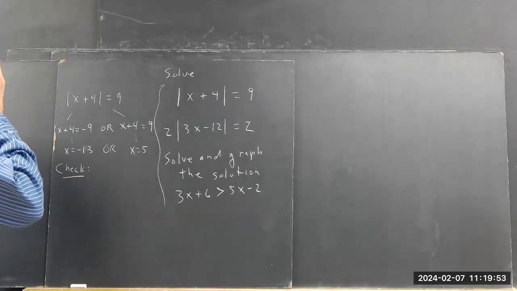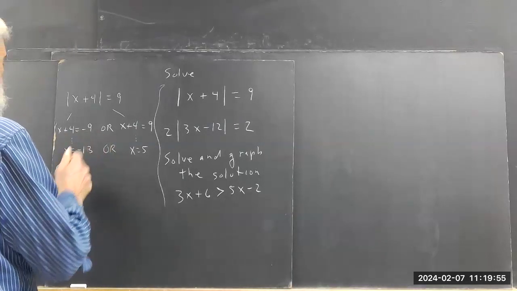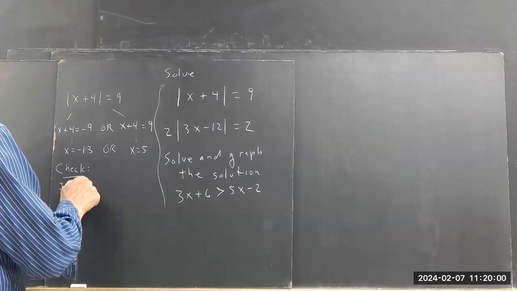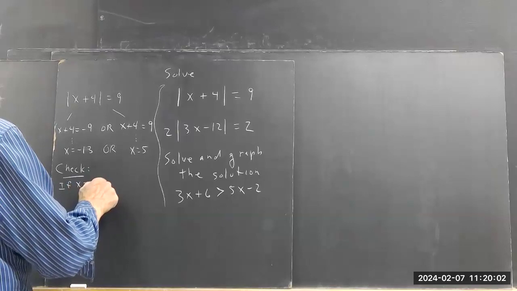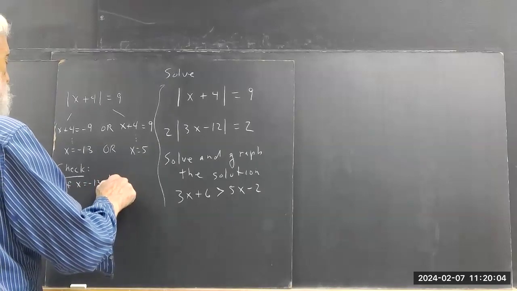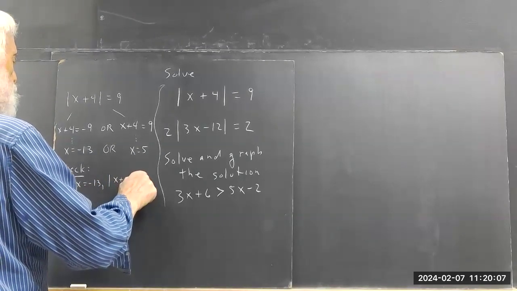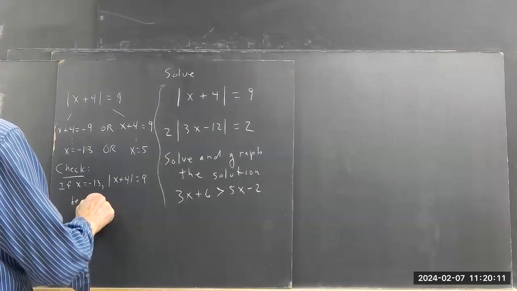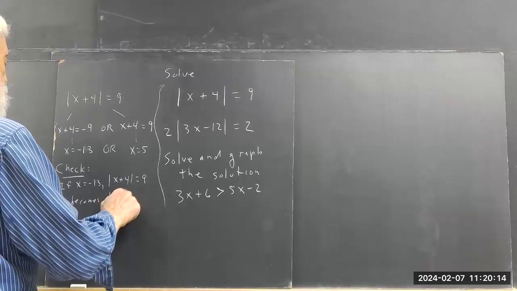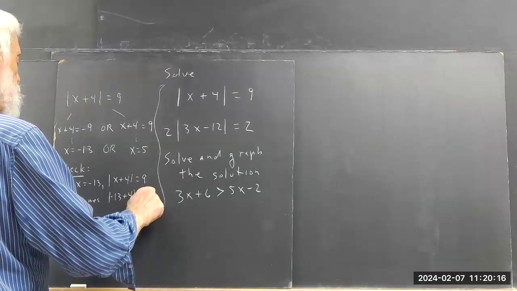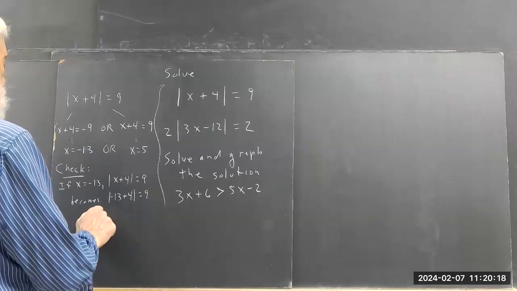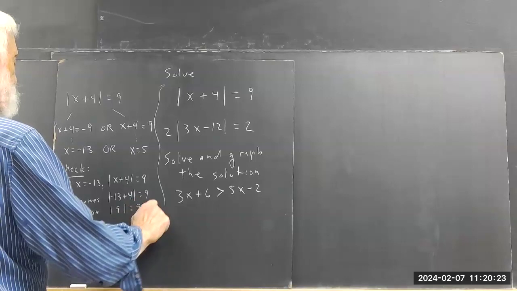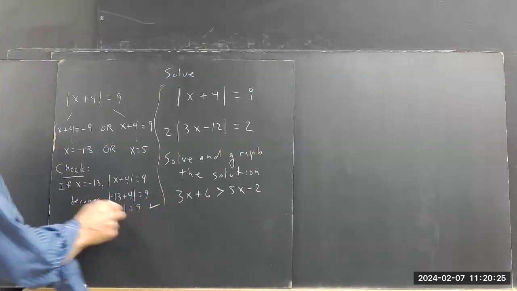Okay, well, the check is we substitute x, and we know the absolute value of 9 is not.